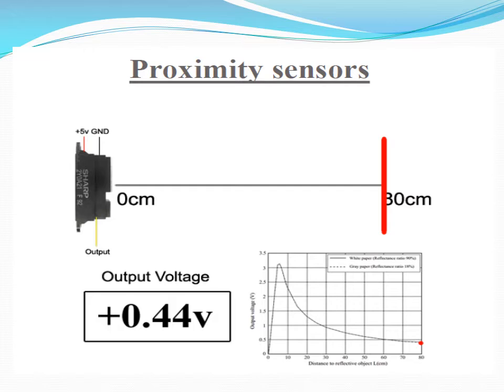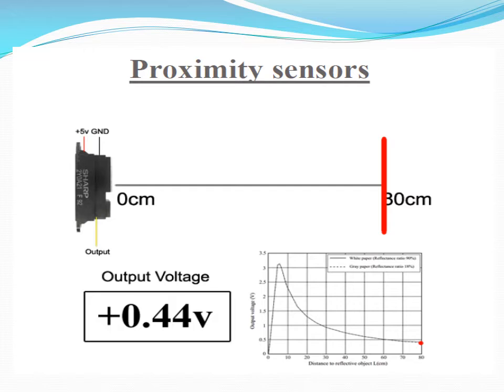In this case, you have specified a distance. If the object is falling within the range, the output voltage generated by this object is 0.44 volt. This graph shows different objects falling within the distance, and what output voltage is generated.